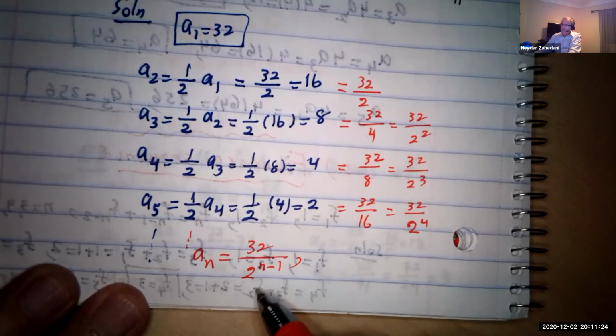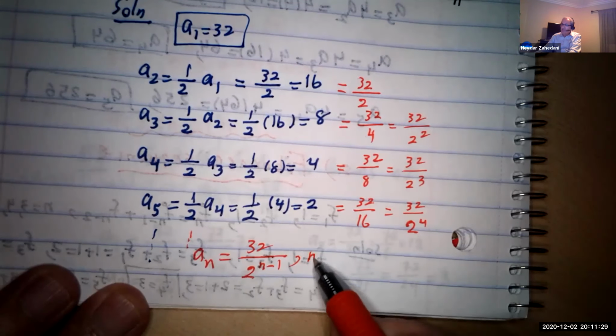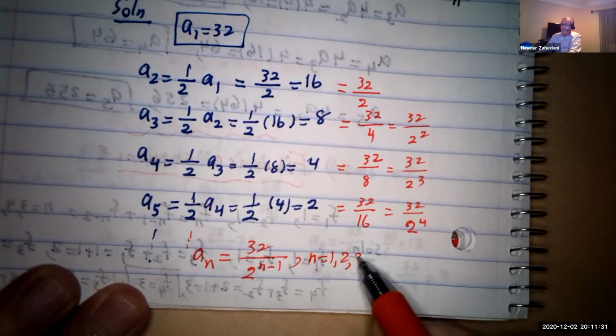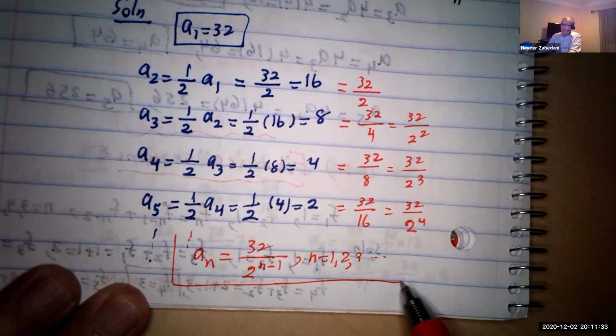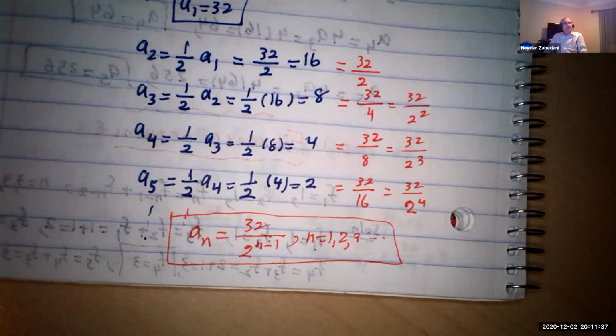Of course, this is going to be the case for n equal to 1, 2, 3. And you can double check it when you write it down to get these numbers. It's going to be a special sequence. We call it geometric one later. So you have a formula for it, not to worry about.